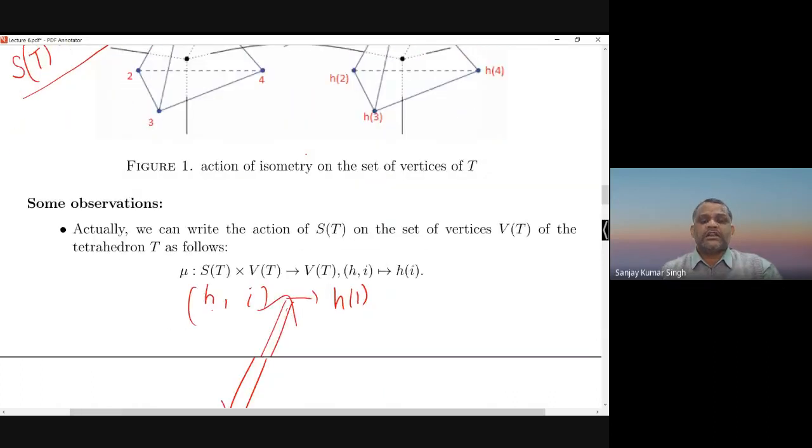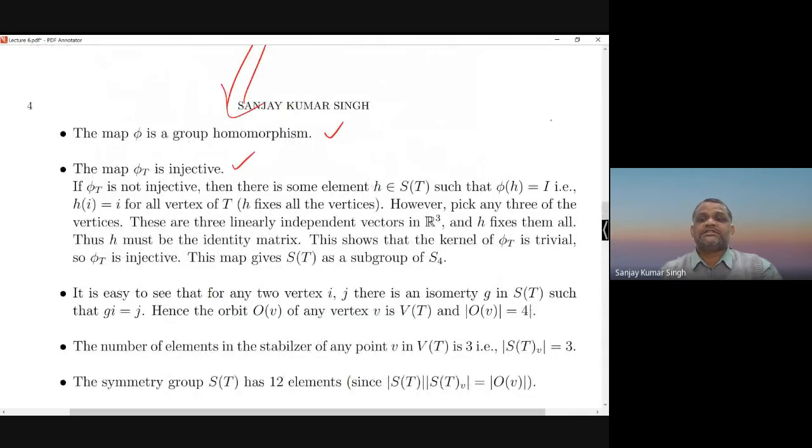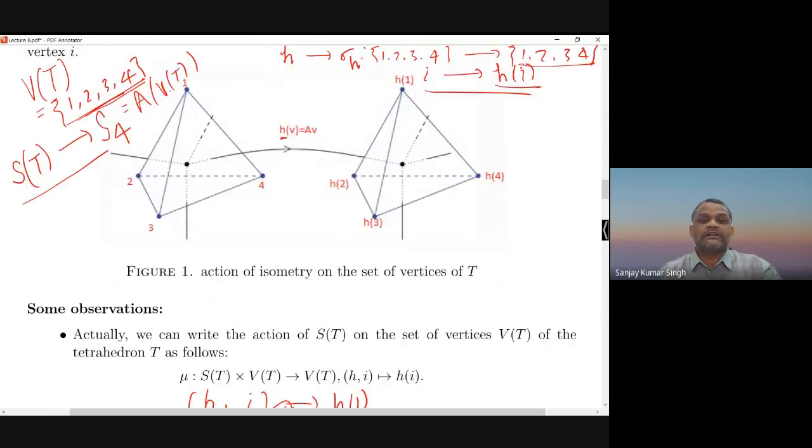So let the kernel be non-trivial. It means there exists some h in S_T such that phi(h) equals identity. But phi(h) equal to identity means what? For all i, h(i) is equal to i. So vertex 1 is going to 1, 2 is going to 2, 3 is going to 3, 4 is going to 4.